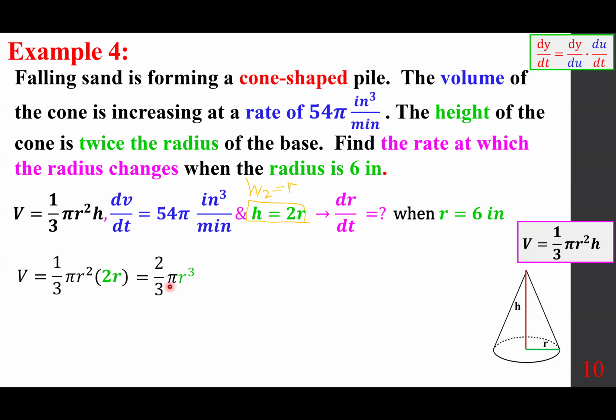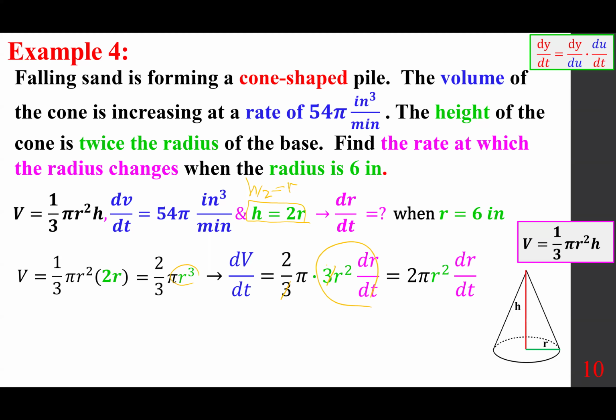We keep the 2/3 pi because it's a number, and we just differentiate r cubed, which gives us 3r squared dr dt. These two cancel each other. We get 2 pi r squared dr dt.